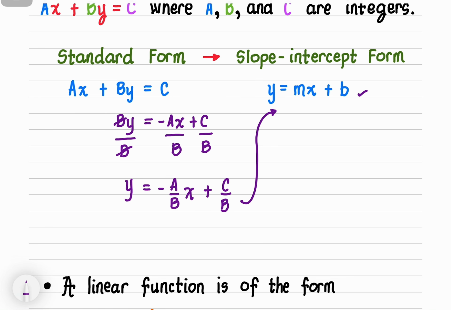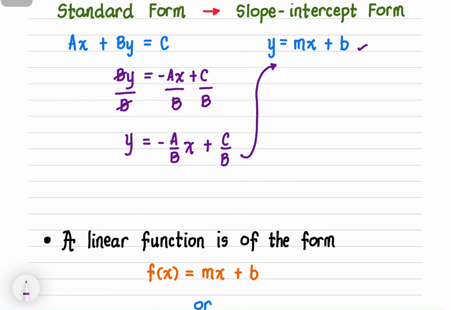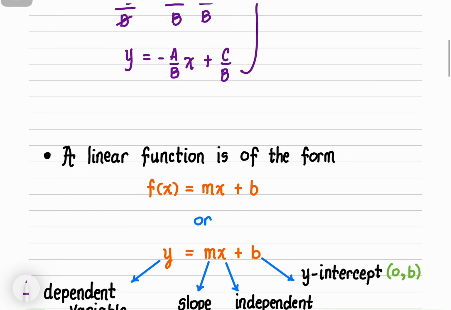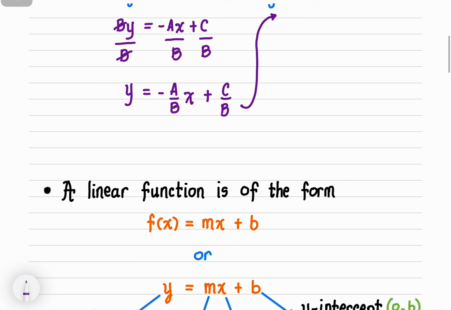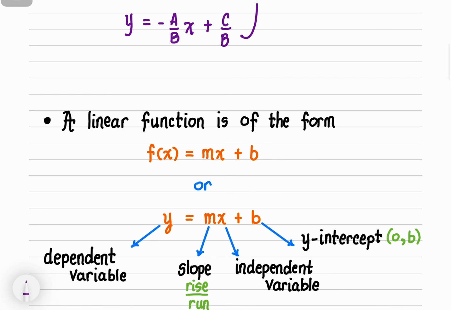And then, a linear function is of the form f of x equals mx plus b or y is equal to mx plus b. We can actually write f of x into y or y to f of x. Okay? So, walang problema doon. Since this is a function, we change y to f of x and vice versa.